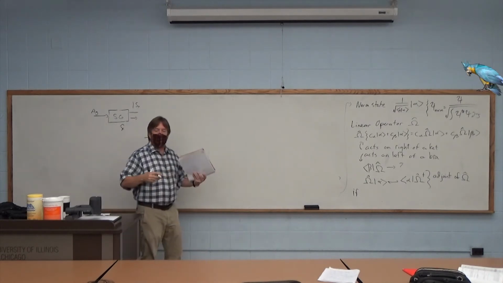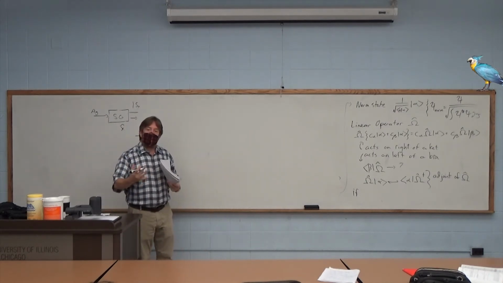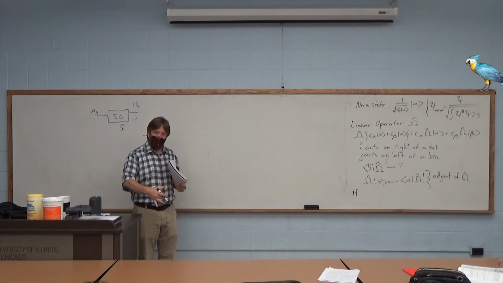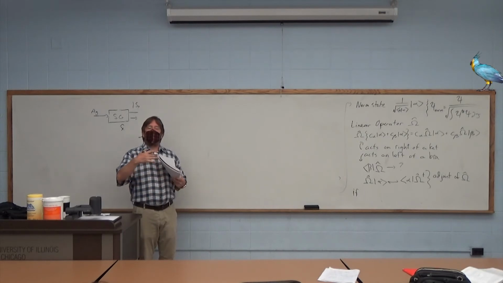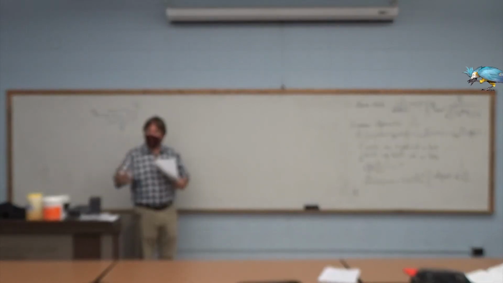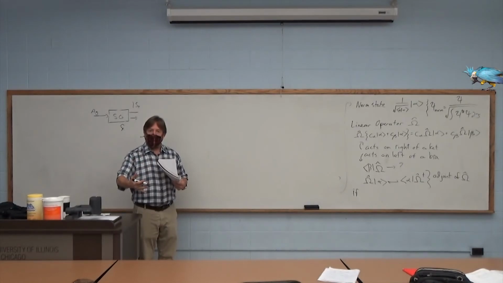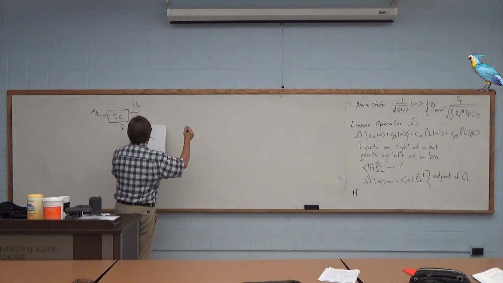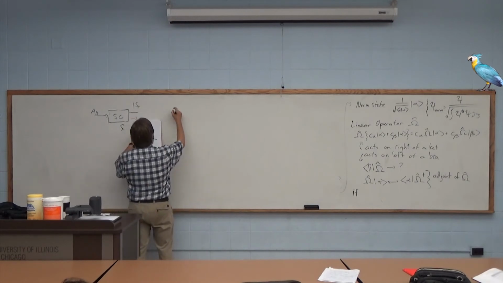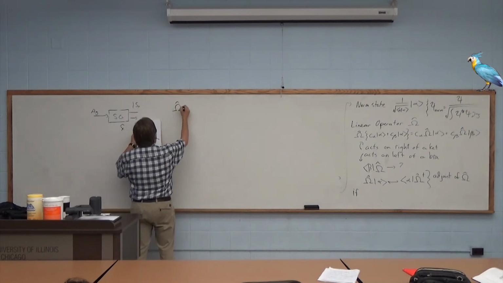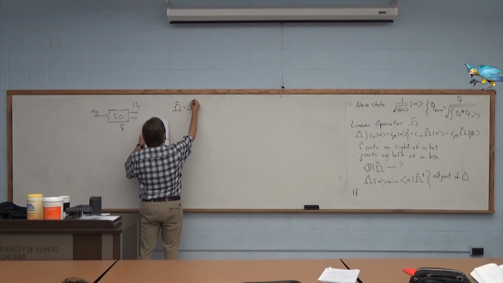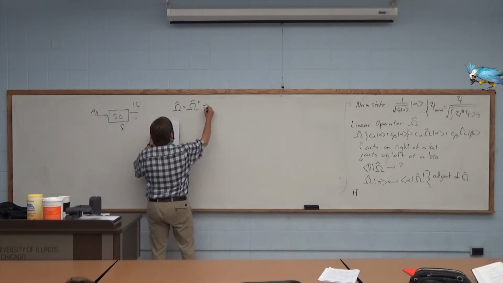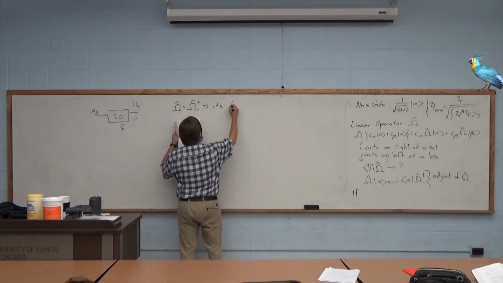Hermitian operators are all the operators you've seen so far. They have real eigenvalues, and the states of that operator are orthonormal. Now, if an operator is equal to its adjoint, it's Hermitian.